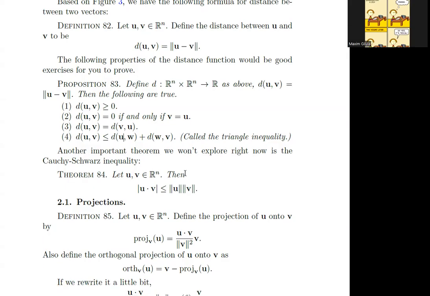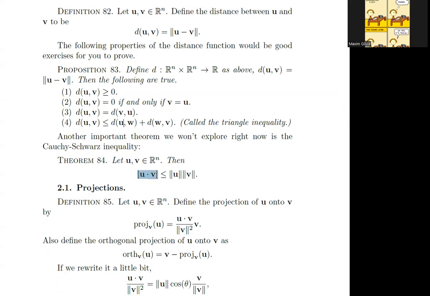There's another important result that we won't talk about. It's called Cauchy-Schwarz. U dot v is less than or equal to magnitude u, magnitude v in general. So this is true, of course, if we take u dot v to be equal to magnitude u, magnitude v cosine theta. Cosine theta is less than or equal to 1.